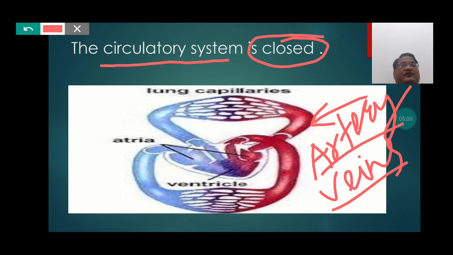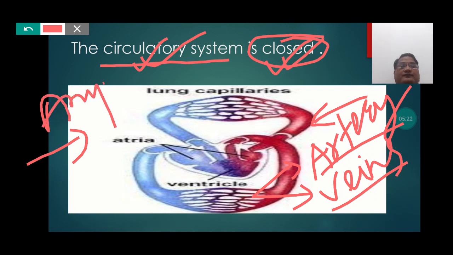So students, when blood flows in arteries and veins, that is in closed tube like structures, then such type of circulation is called as closed circulation, and which is quite common in the amphibians.